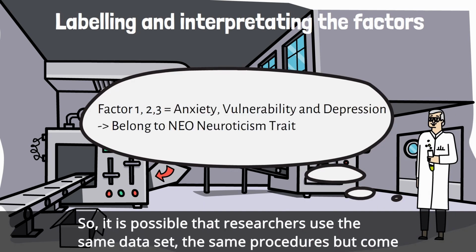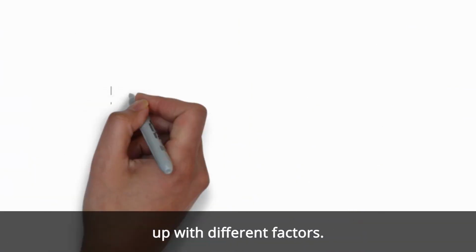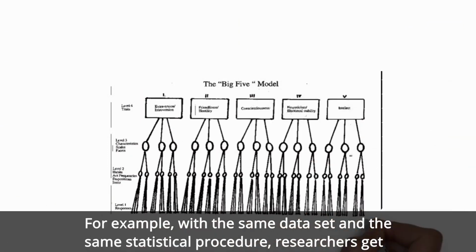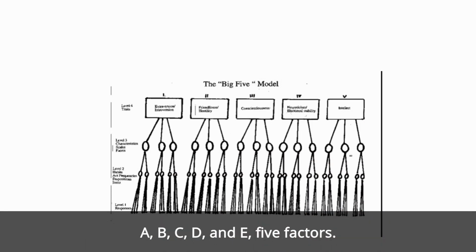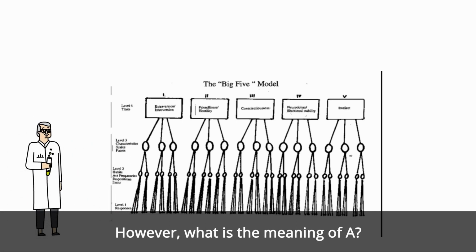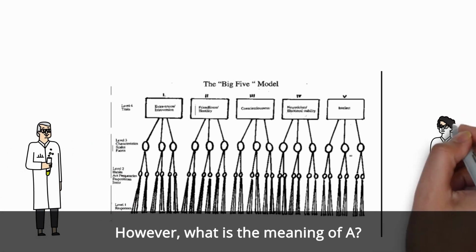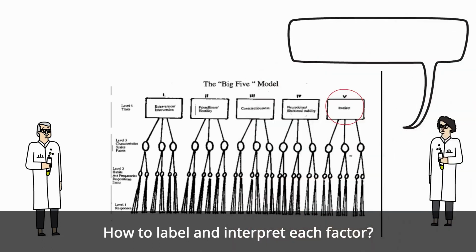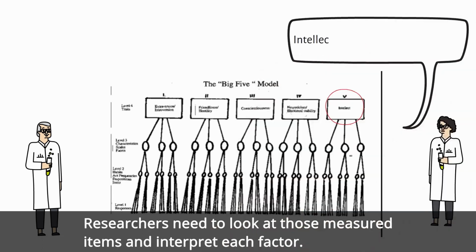So, it is possible that researchers use the same data set and the same procedures but come up with different factors. For example, with the same data set and the same statistical procedure, researchers get A, B, C, D and E, 5 factors. However, what is the meaning of A? How to label and interpret each factor? Researchers need to look at those measured items and interpret each factor.